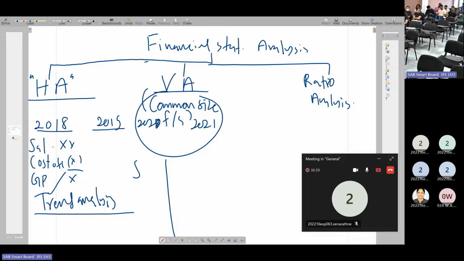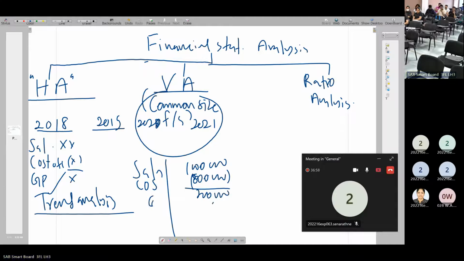And then we have sales. Cost of sales. Then we have 1 million sales, cost of sales 800,000. Gross profit 200,000. Other income 100,000.